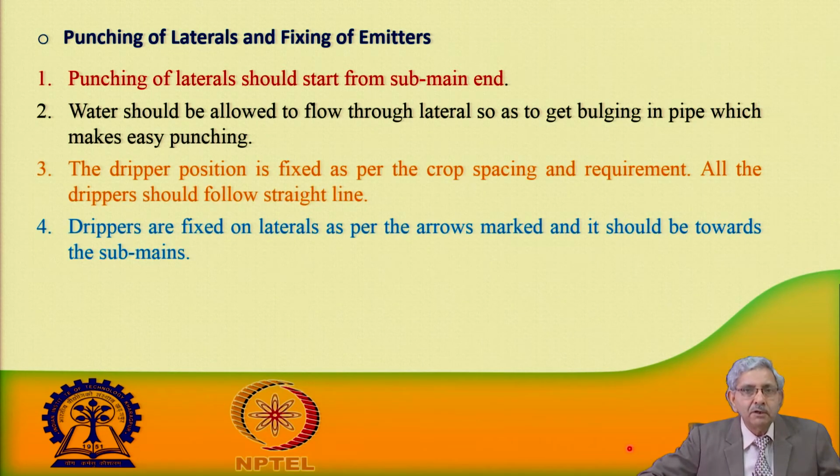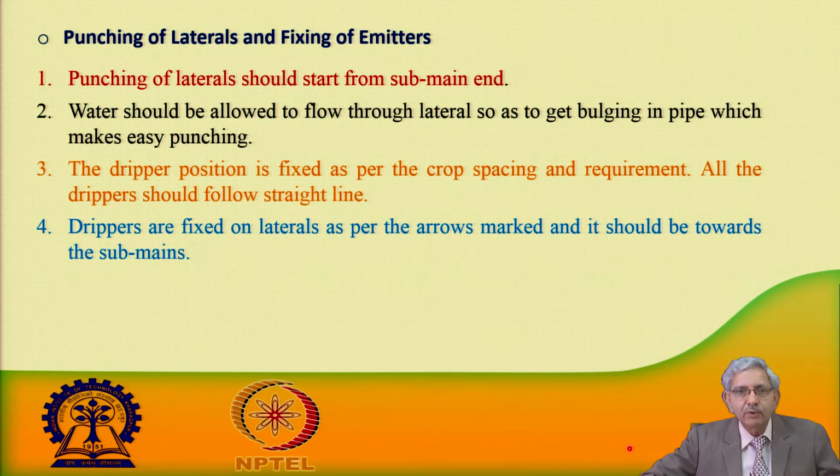The dripper position is fixed as per the crop spacing, and the number of drippers needed is decided depending on the spacing of the crop. The drippers are fixed on laterals as per the arrows marked, and they should face the submain side, since water is taken into the lateral pipeline from the submain pipeline.